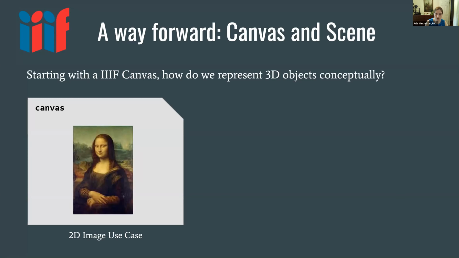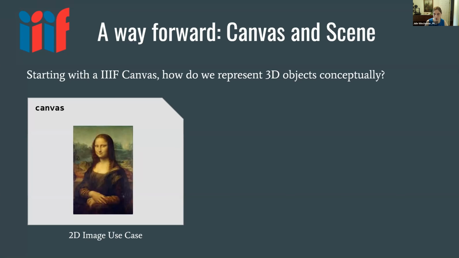A lot of our discussions started from this pretty basic question: if you start with a IIIF canvas, conceptually speaking, how do you represent 3D objects across a broad range of use cases?